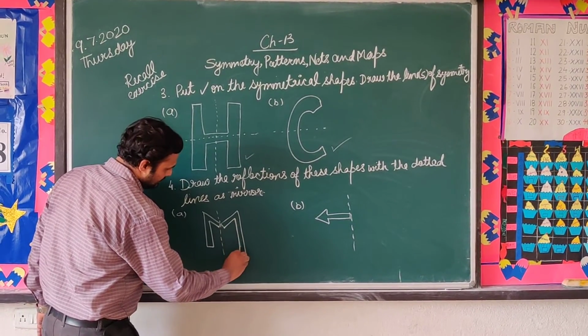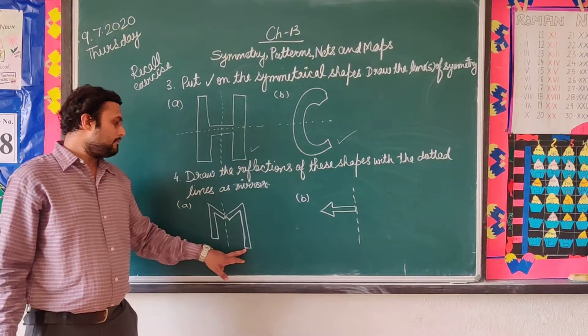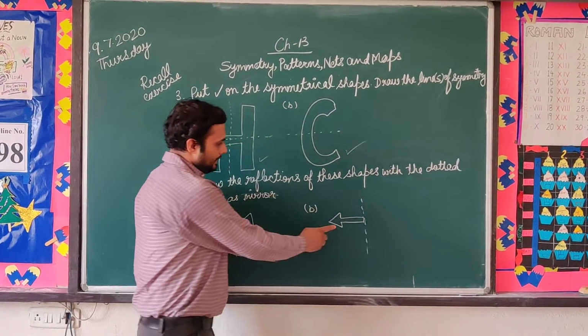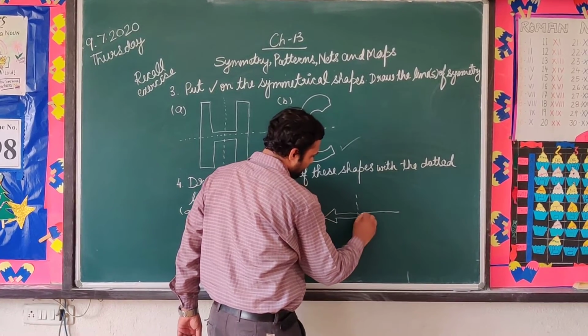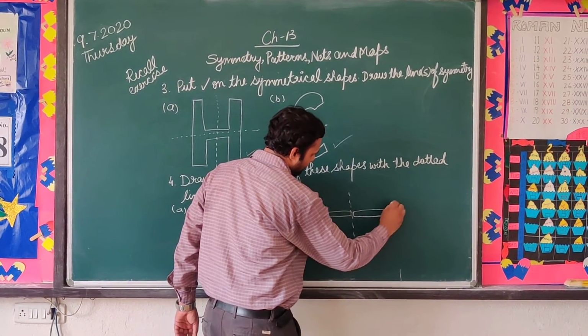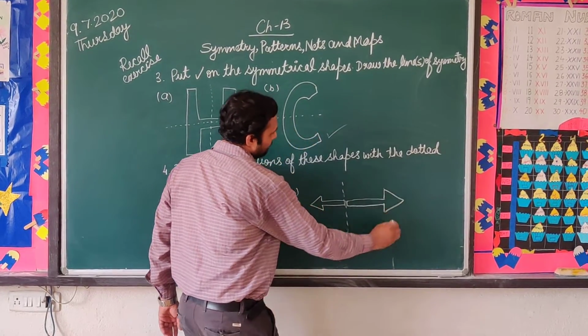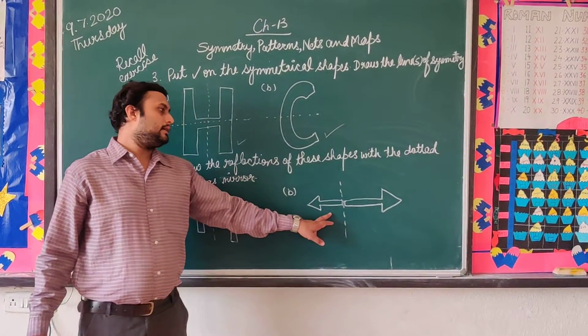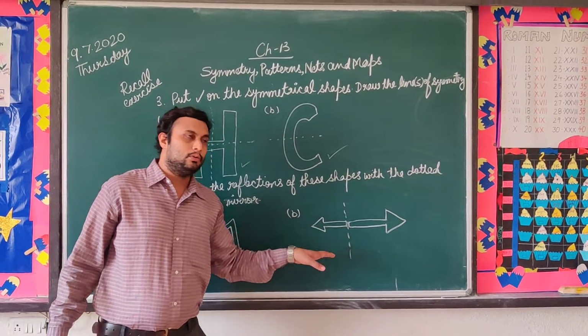This is the another part of this. So this is the mirror image of this arrow.